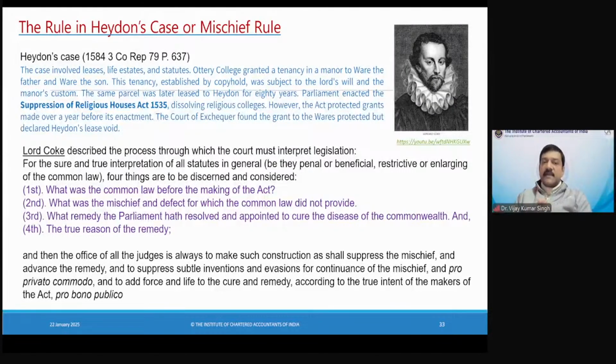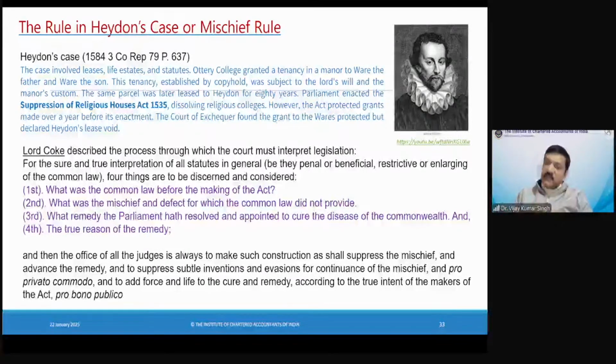Mischief rule, basically in common language, says that whenever you are interpreting a law, you go back and find out what is the mischief, because any law which comes up must be curing some mischief or some problem, right? So while interpreting the law, you have to find out what was the law before the particular law which you are interpreting. Say, for example, you are interpreting X law, okay? You have to find out what was the position before the X law came.